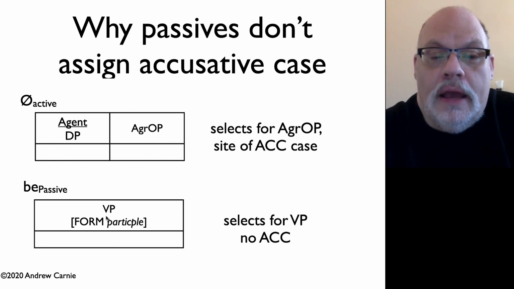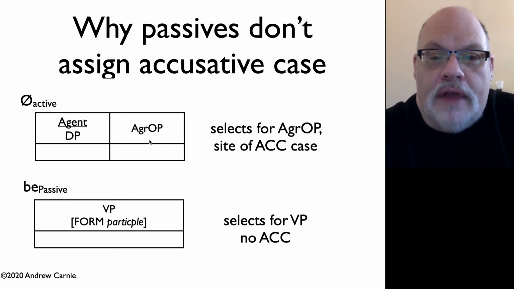Now, why do passives not have accusative cases in their complements? It's because it's a verb phrase, not an AgrOP. And AgrOP is the thing that is critical for accusative case.